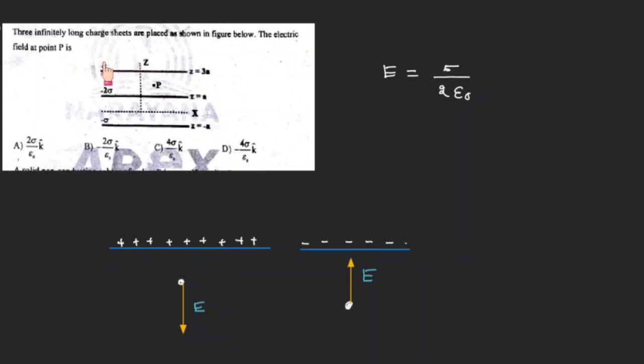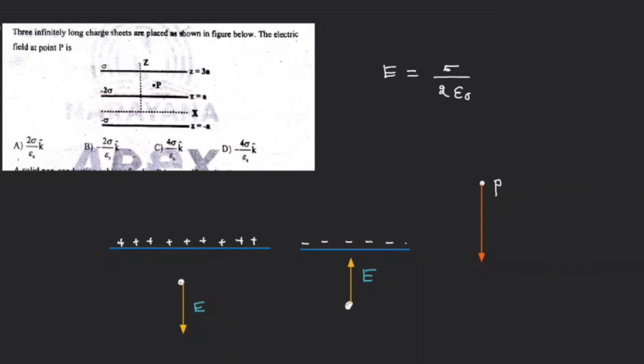Now at P, let's say I'm taking a P here. The electric field due to the charge on top, the plate on top, can be written in a downward direction, right? This electric field will be in the downward direction because that is a positive charge.